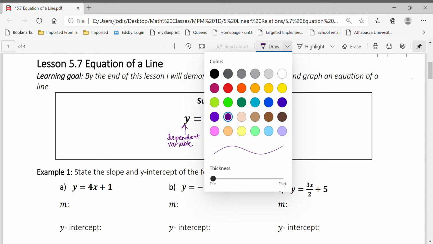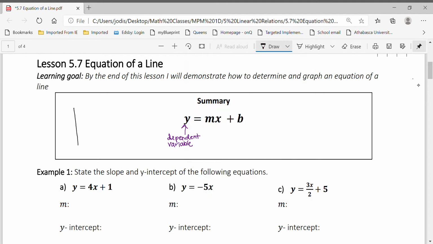So if we were to, say, draw a set of axes, our dependent variable is on the y-axis. I'm just going to short form it.